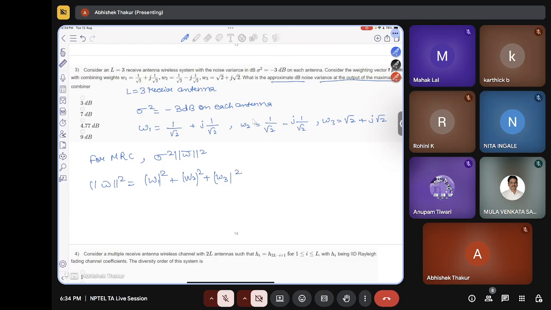Now W1 mod squared will be the square root of (1 by root 2 square plus 1 by root 2 square) the whole square. Again, same it will be for W2.